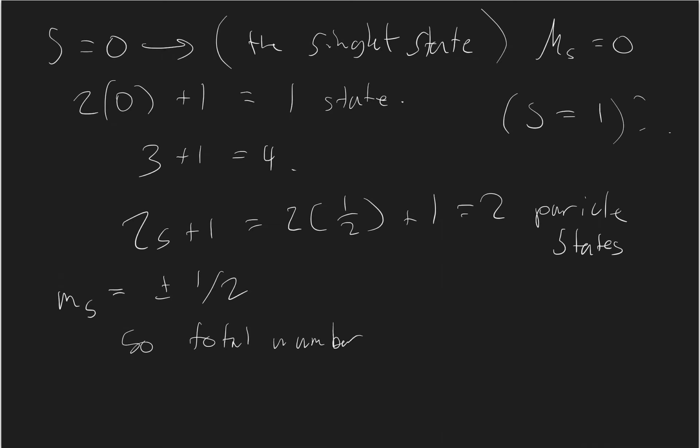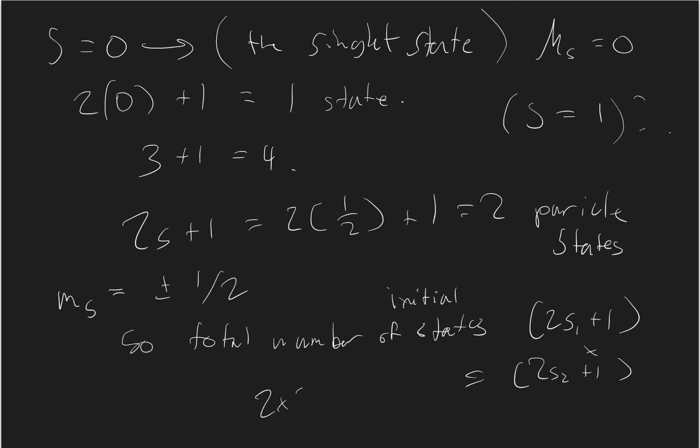So the total number of initial states is (2s1 plus 1) times, remember that original formula we got, (2s2 plus 1), which is 2 times 2 is equal to 4.